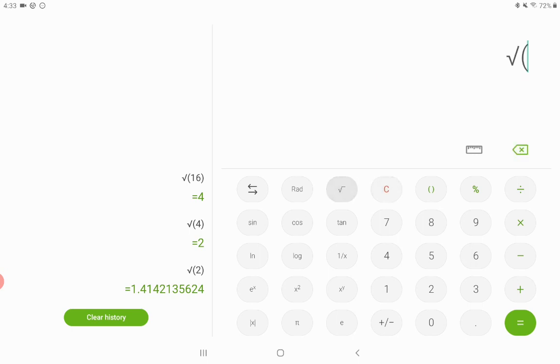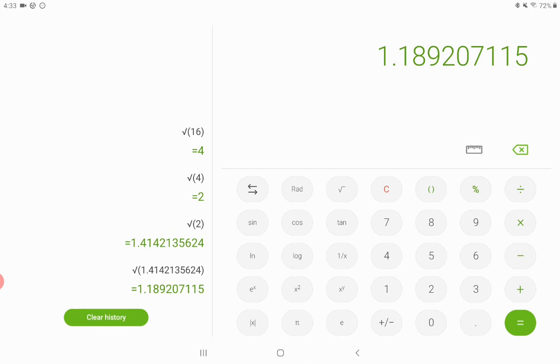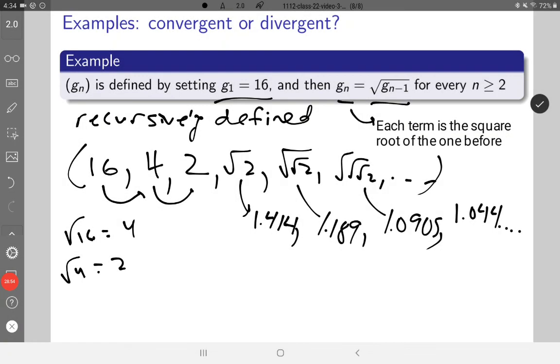And then if I take the square root of, I'm clicking on that number just to use what's stored there, I get 1.189. And then if I say what's the square root of that, I get something a little smaller but still closer to 1. And there I've started to write those approximating numbers on my list, my sequence of terms.